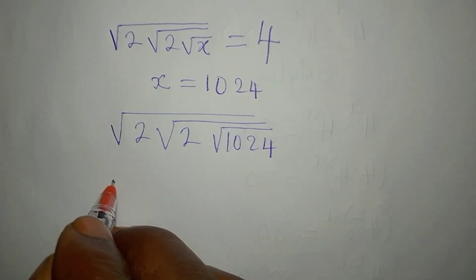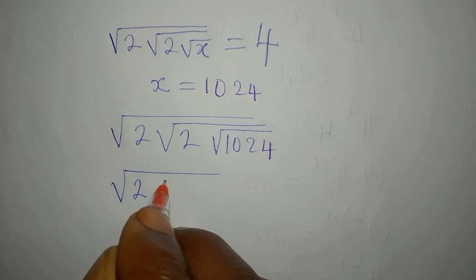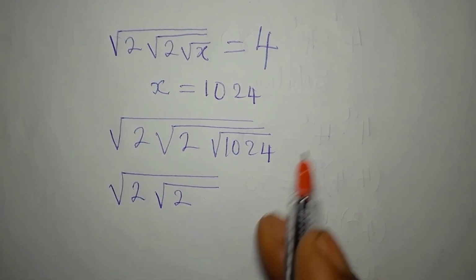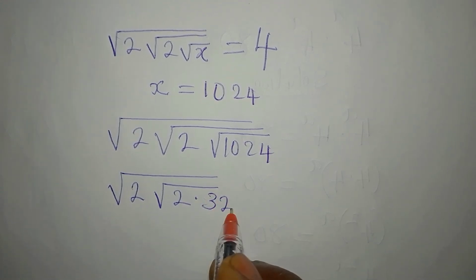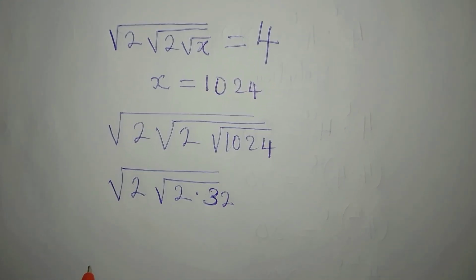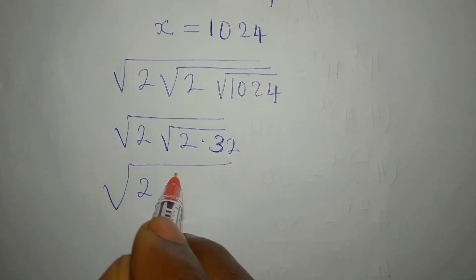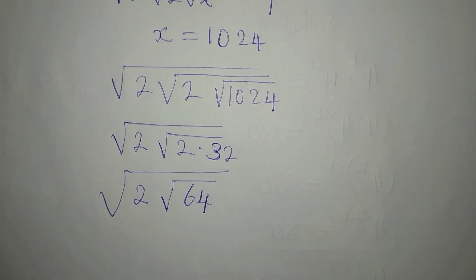The square root of 1024 is 32, so we multiply this by 32. So that at the end of the day, we have the square root of 2, the square root of 64, that is 2 times 32.